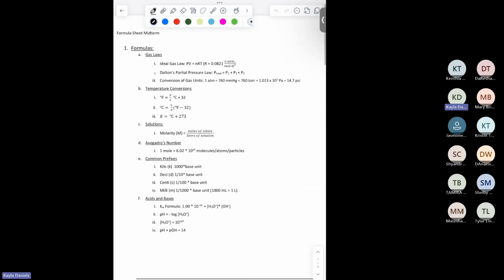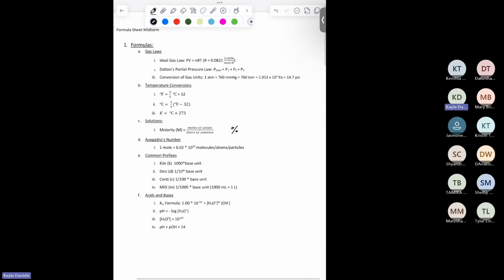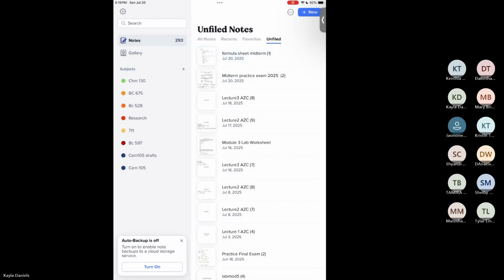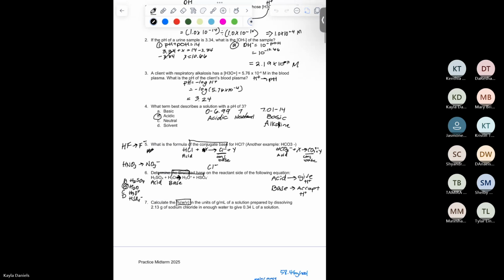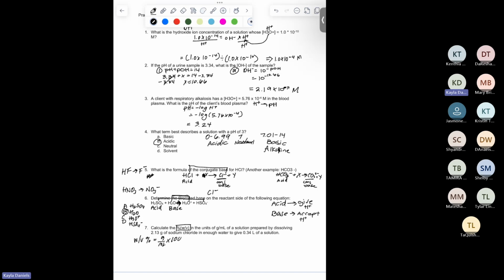Maybe it's not. I should add that. All right, so it's grams per mil times 100. So the formula is grams over mils times 100.